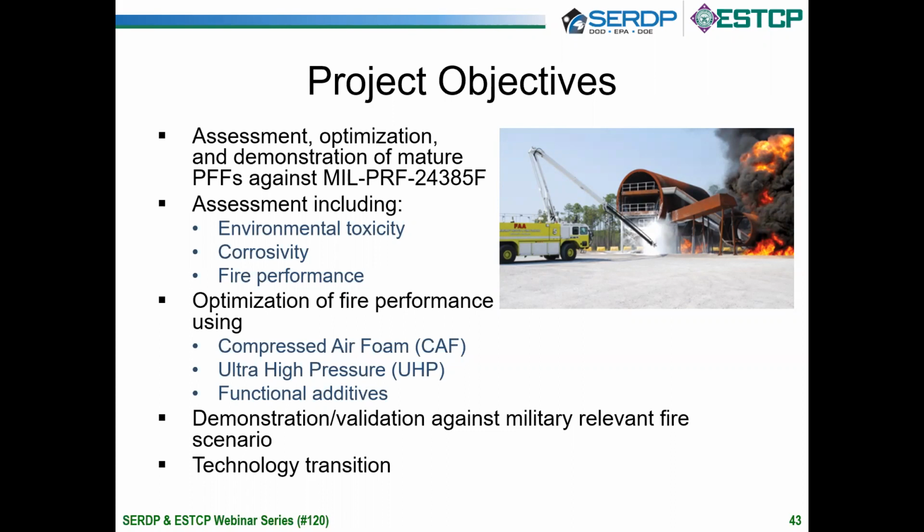And we talked about the large scale fire testing that's needed. I'll come back to it, and eventually to find products that can serve the need and put it through technology transition so the DoD can start using them in time.